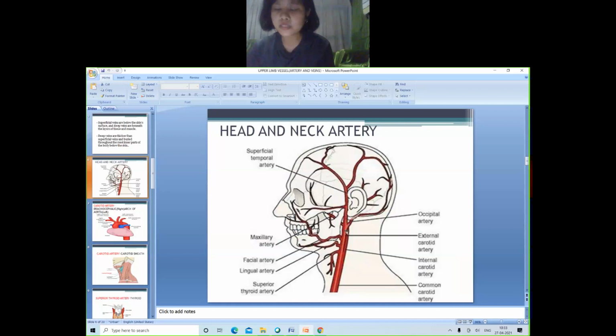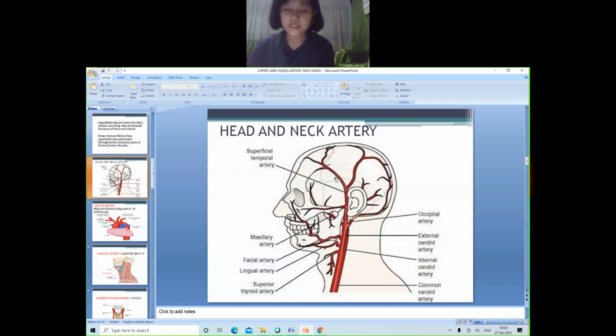From this external carotid artery, listen, what will come? The venous blood, I mean, the deoxygenated blood. With the help of this external carotid artery, what will happen? They will return to the superficial structures. Superficial structures means superficial veins. From where?